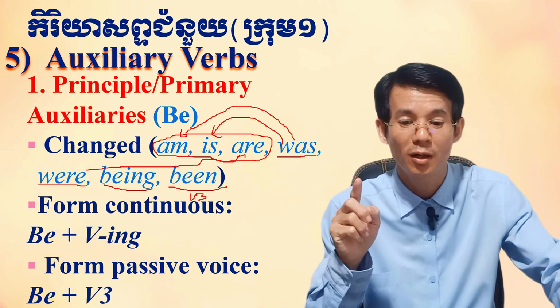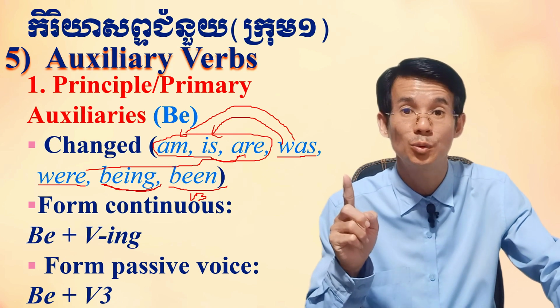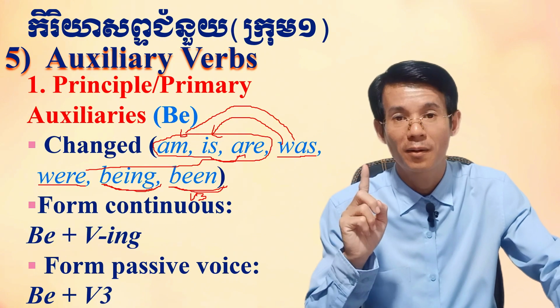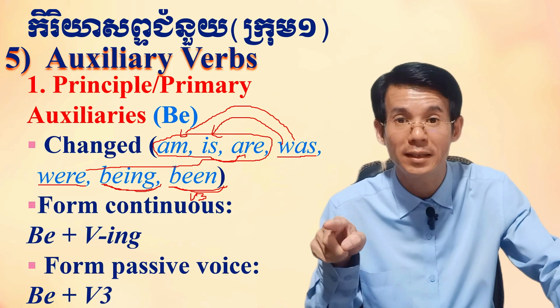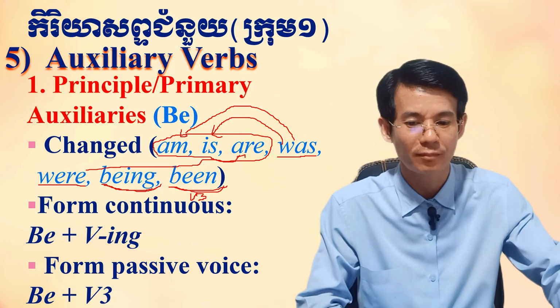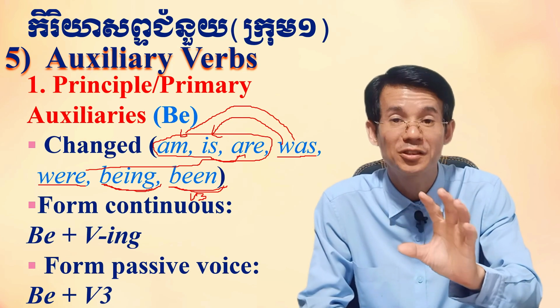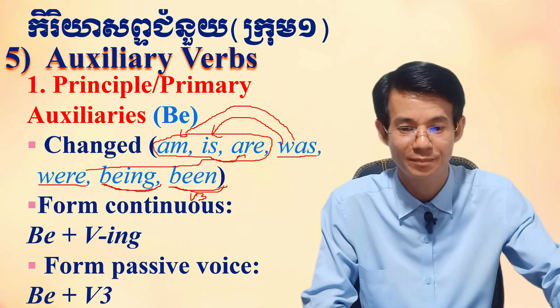Normally being may refer to continuous tense, and been is the past participle form of the verb be. So this is how verb be is changed according to tense and subject.